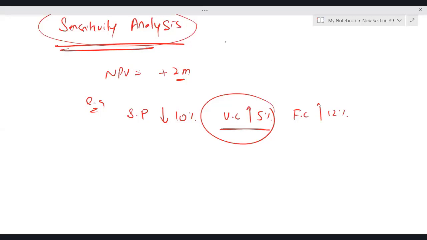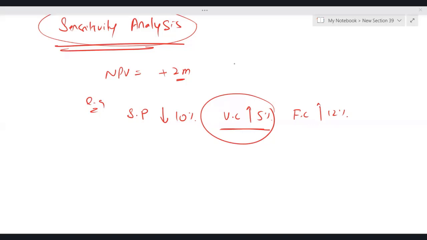sensitivity analysis does not give us any decision criteria. What do you mean by decision criteria? Let me give you the example. If there is a single project in front of you and that project gives you a positive NPV, then simply we opt that project because it will increase the wealth of shareholders.